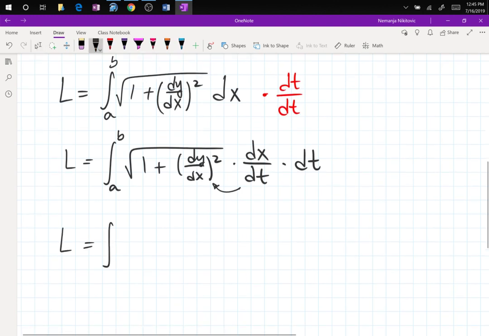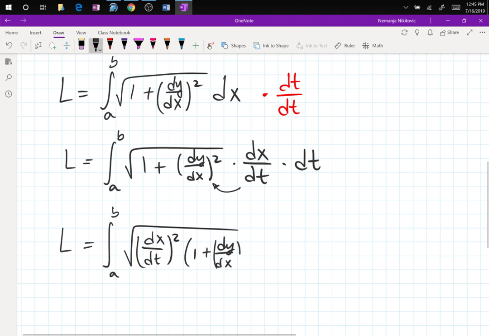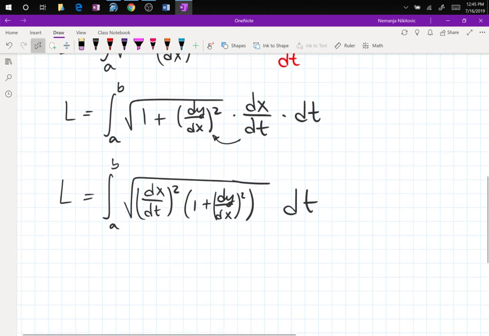So the problem now becomes dx over dt squared, because it went from outside, is stuffed inside, times 1 plus dy over dx squared, and you have dt on the outside. So now when you distribute this, you are done.